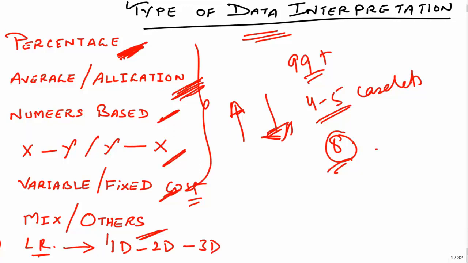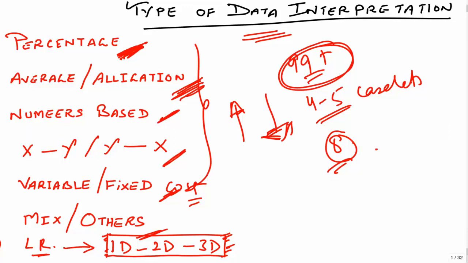Beyond three-dimensional, CAT will not ask you. Few of the students who have studied from Concepts Era's teachers know how to solve these 1D, 2D, and 3D caselets. We'll see a few of these caselets at the last as well. These are the 7 patterns whose approach you should master if you have to get a 99 percentile in LRDI.